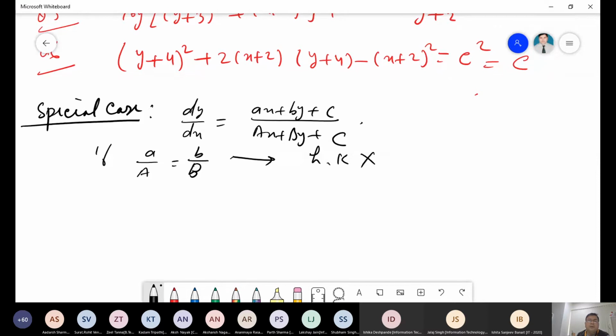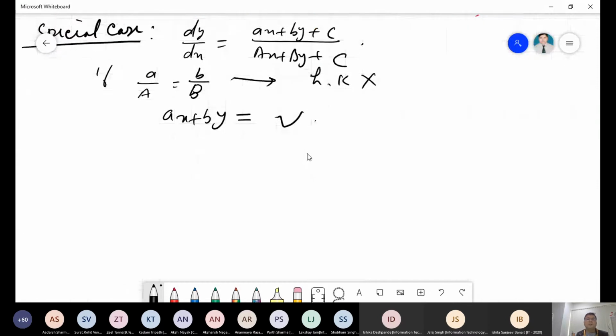For that we have to write ax plus by as some other variable. Fine, good. So now coming to that part of the question, when this is equal, the non-homogeneous differential equation will be like that: dy by dx.